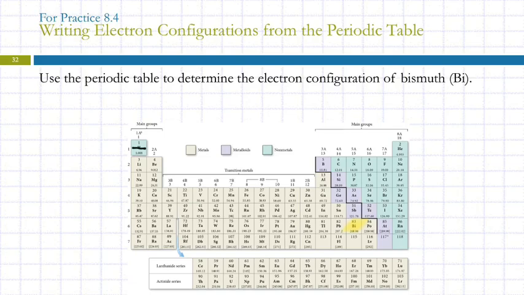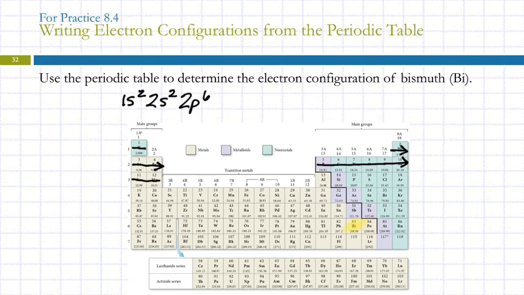So first of all, we've got this one and this one. There's 2. That's 1s2. And then next we come through here, 2s2. And then what's next? 2p, how many? 6.